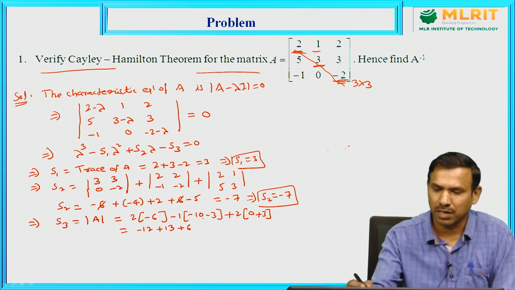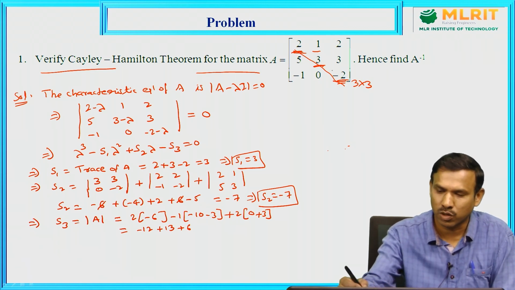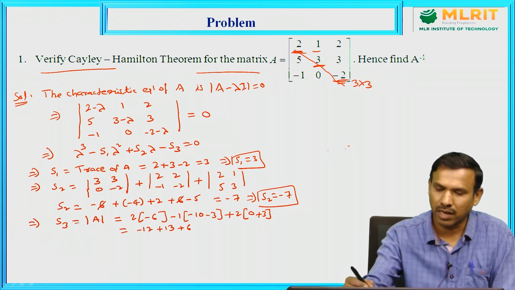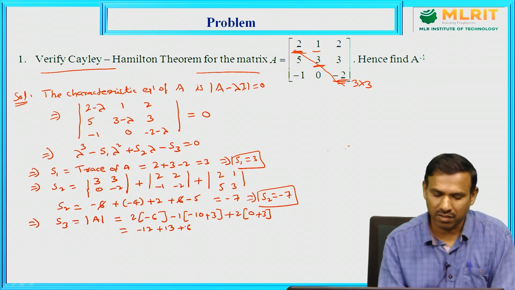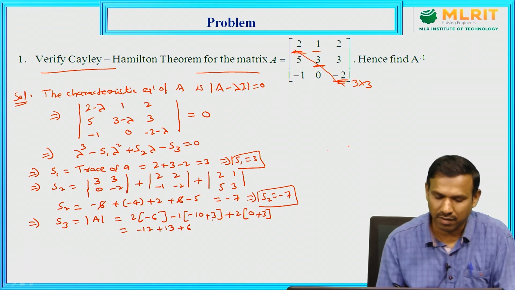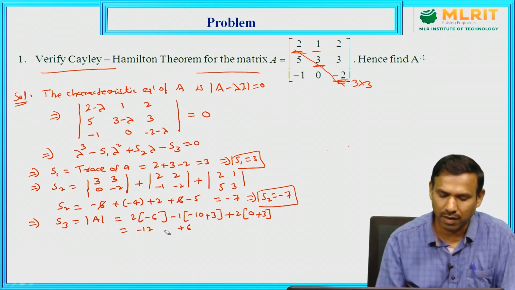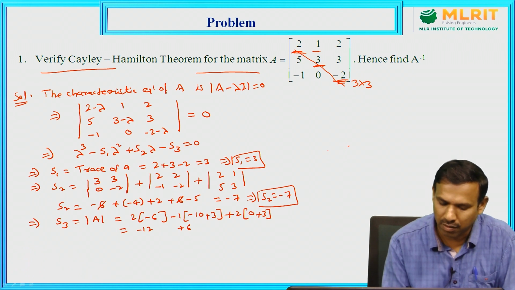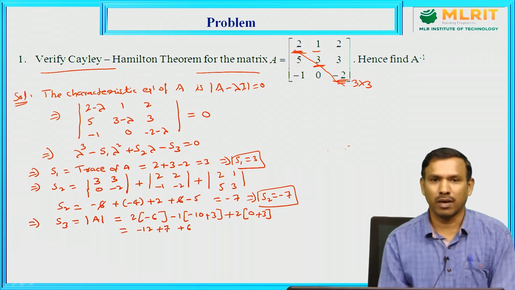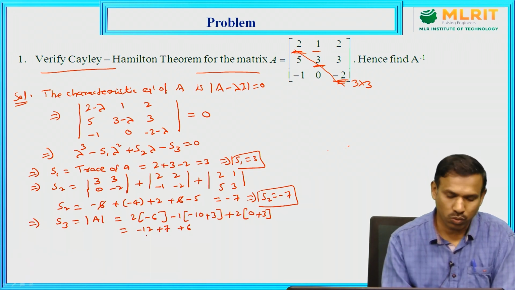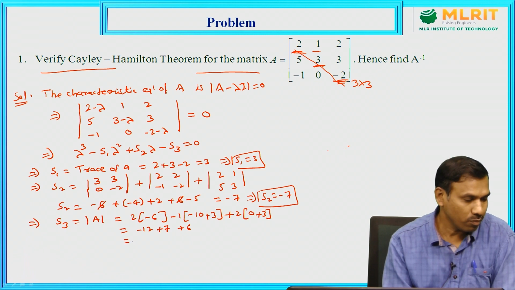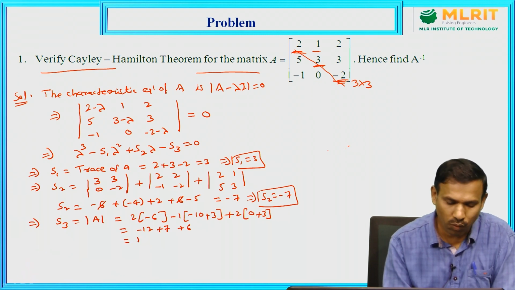Minus 10, second element minus 1 into 5 into minus 2 minus 10, minus 1 into 3 minus 3, minus of minus this is plus 3, minus 10 plus 3, that is minus 7, minus of minus plus 7, right. So, 7 plus 6, 13, 13 minus 2, so that is minus 12 and the value is 1.